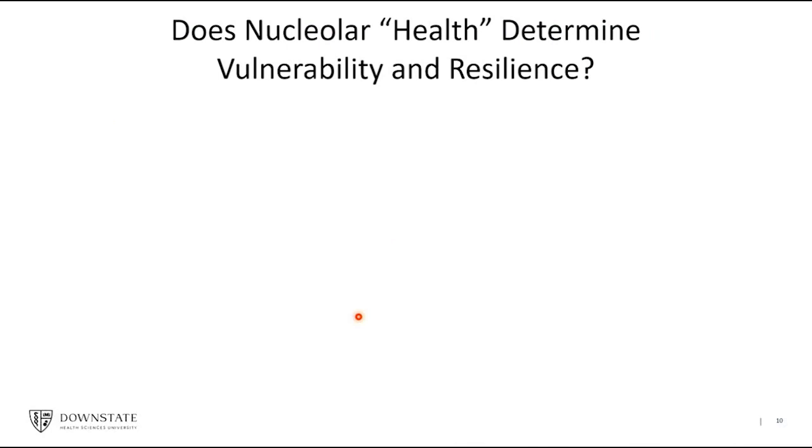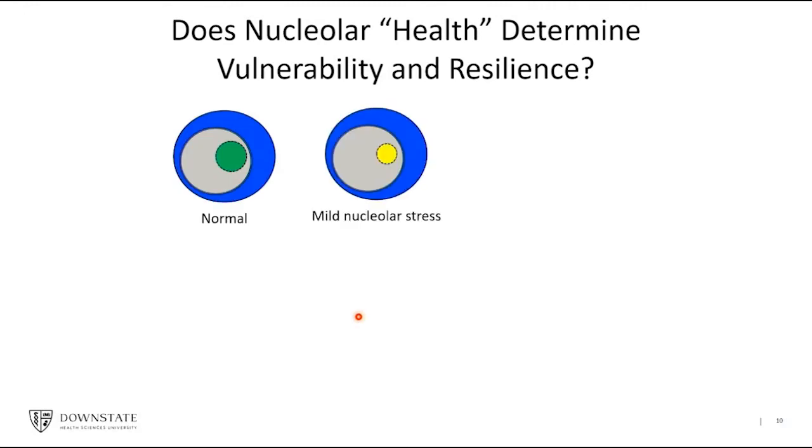And so we also looked at other nucleolar markers, and we saw that it's not just PARP1, but there's a change in the nucleolus with Alzheimer's disease. And this has been described by some others too. And so we came up with a hypothesis that nucleolar health might be the determination of whether there's vulnerability or resilience.